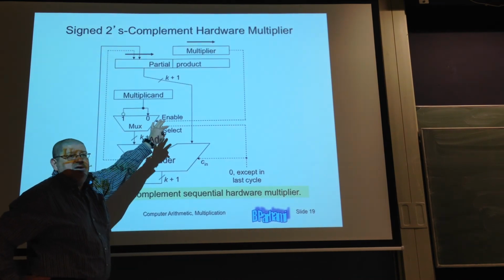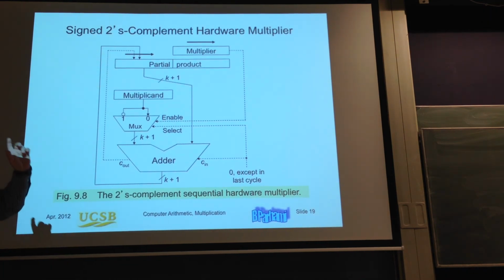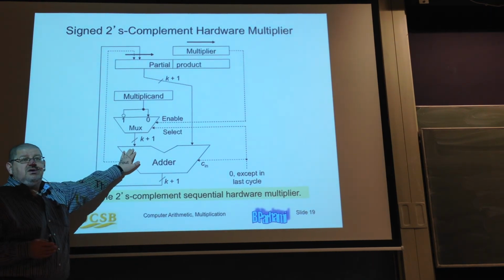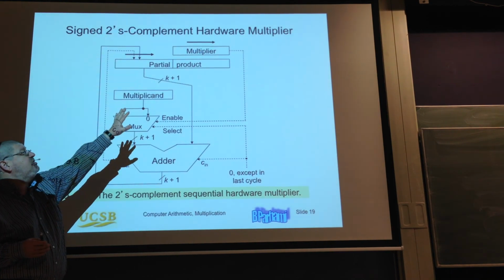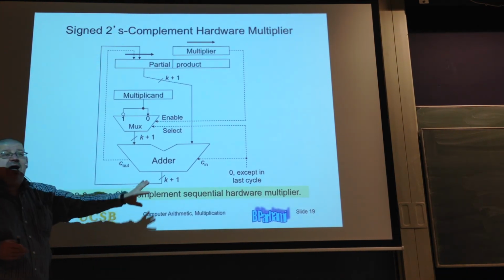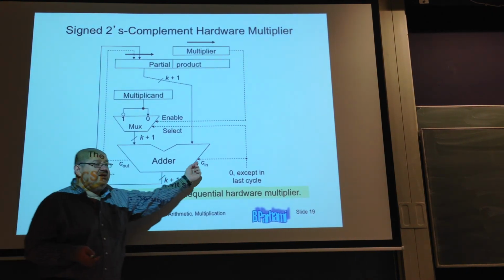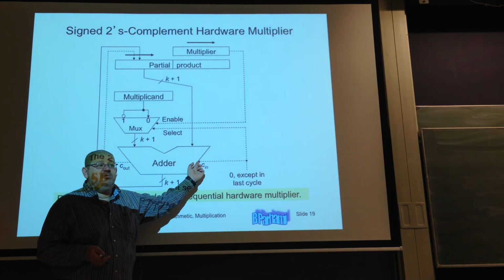Then I have an enable. When the bit in the multiplier is 0, this will produce a 0. When the bit in the multiplier is 1, this will produce an A. When I am in the last cycle, this will produce a minus A, and the hot carry will be absorbed here.